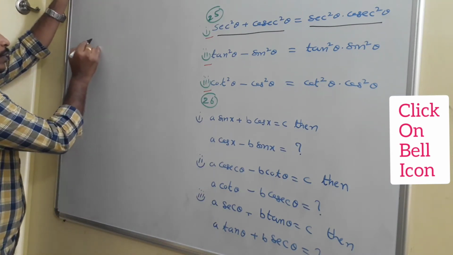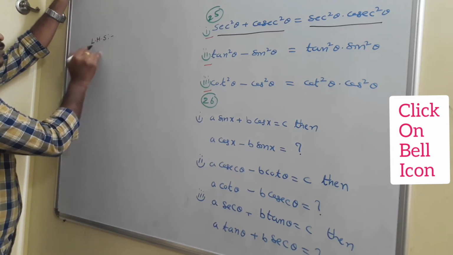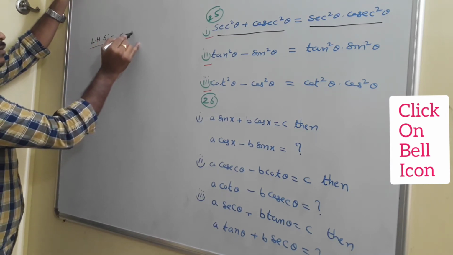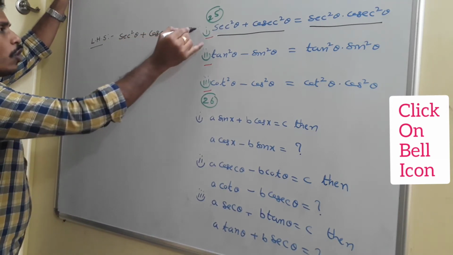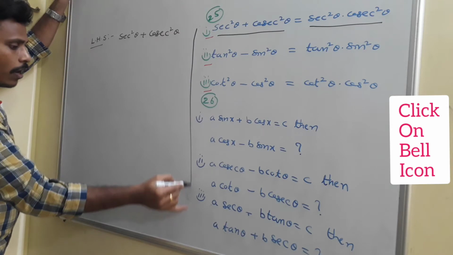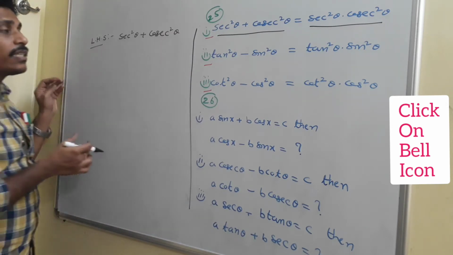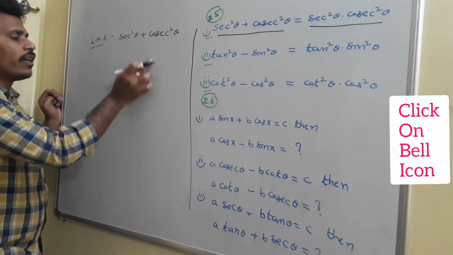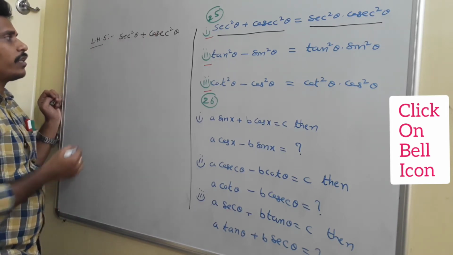First, I will start with the left hand side. What is my left hand side here? For the proof, I consider the left hand side as secant square theta plus cosecant square theta. Now, by rearrangement, using some trigonometric identities, I need to rearrange this to get secant square theta into cosecant square theta.